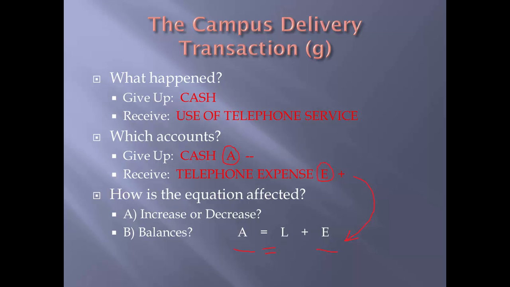But because telephone expense is an equity account, I have to ask myself one last thing, which is how do expenses affect equity? Expenses decrease equity, so I have to change that to a minus when I put it under my accounting equation. And with my minus under asset, I have minus equals minus, and my equation balances.